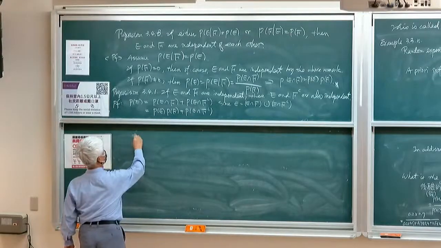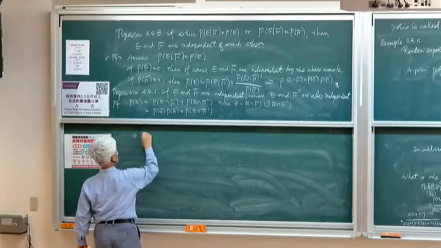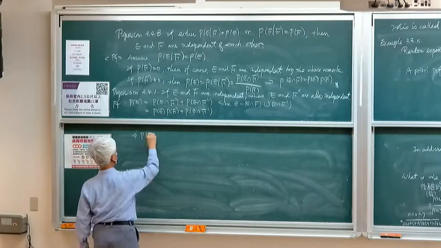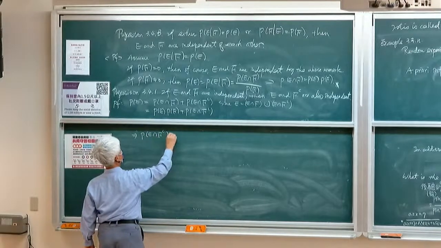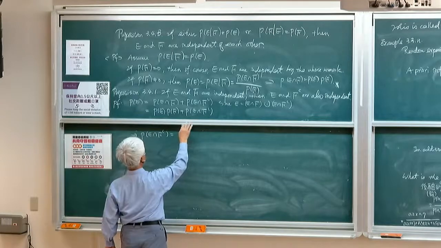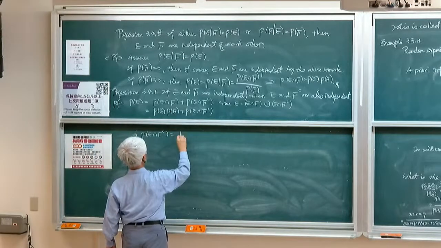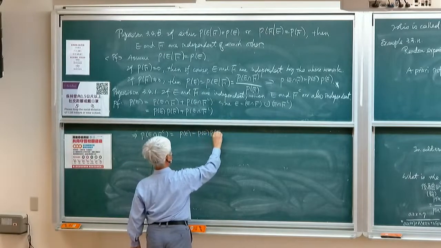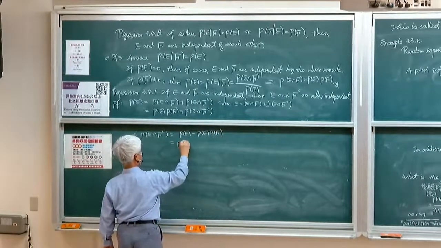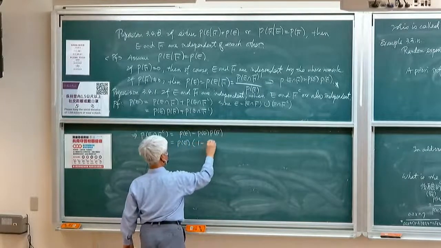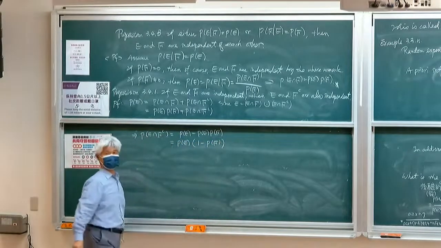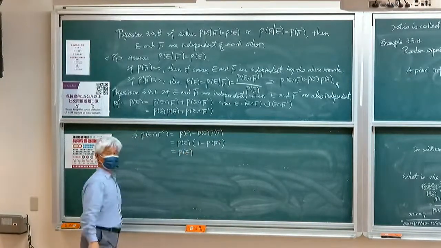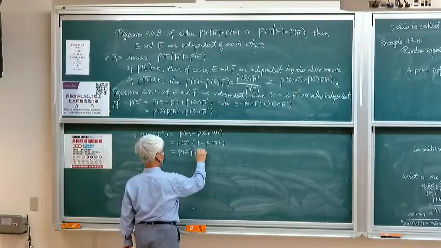right? So you move this term to the left-hand side, and we will have P(E) minus P(E)P(F). So now the common factor, and by proposition 2.4.1, this is the probability of F complement.